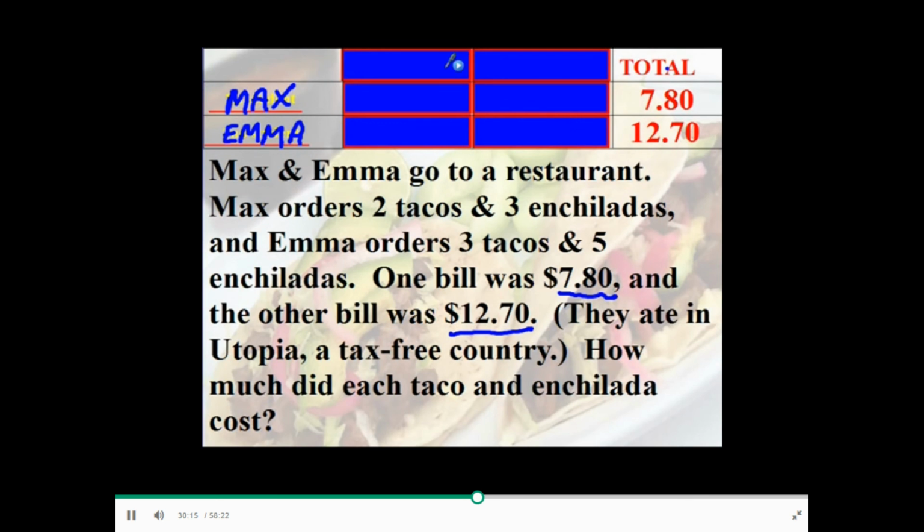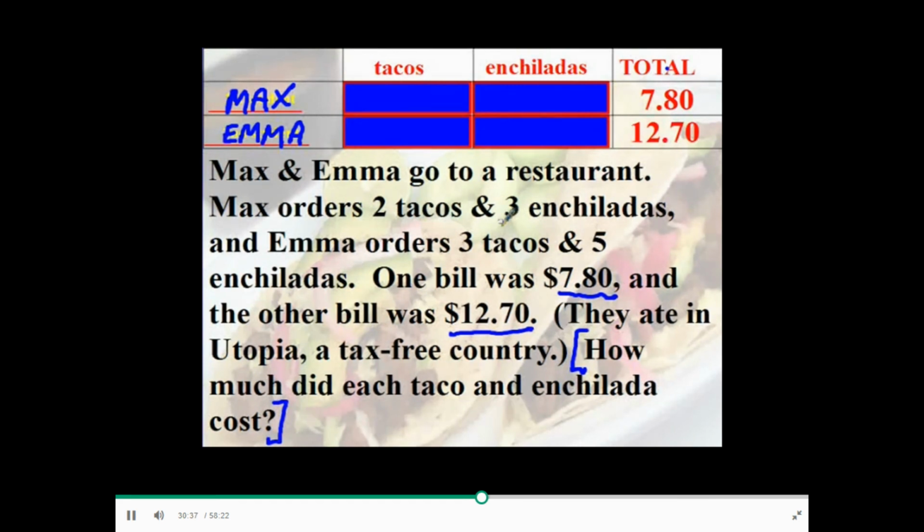Now, as always, we're going to look to see what the question's asking for and put those two words right here. So the question is asking, how much did each taco and each enchilada cost? So that makes it really easy. One is going to be taco and one enchiladas. So Max, when he goes, he's going to order 2 tacos and 3 enchiladas.